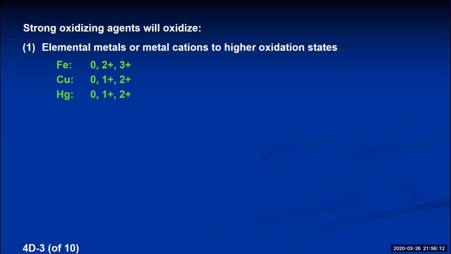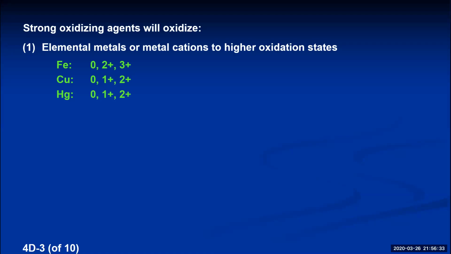Iron, copper, and mercury all can be in their elemental state with charges of 0, but I would like you to know that the 2 ions that iron atoms will form when they lose electrons are +2 and +3 ions. Copper atoms only form +1 and +2 ions when they lose electrons, and mercury forms +1 and +2 as well.